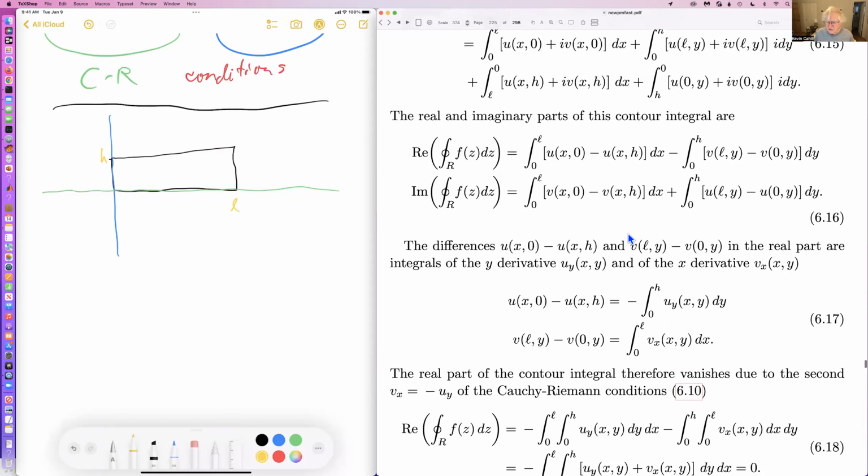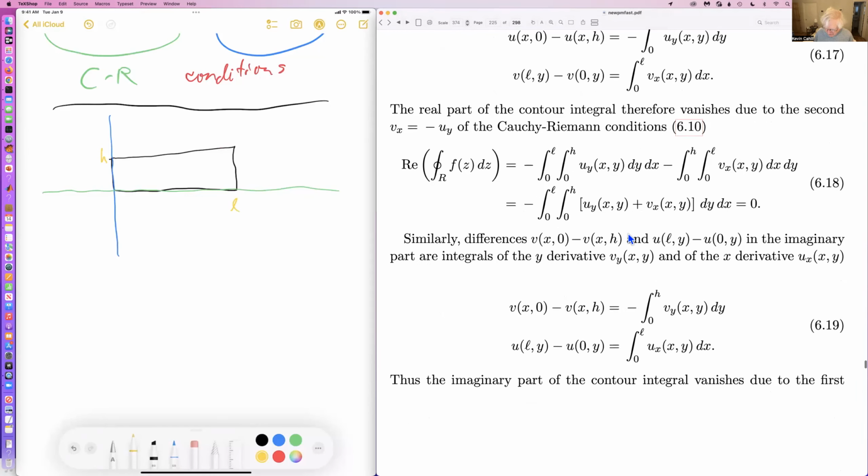I went through that in some detail, and the assumption here was that we were integrating f of x and y, and we were integrating dx plus i dy. That's what dz is.